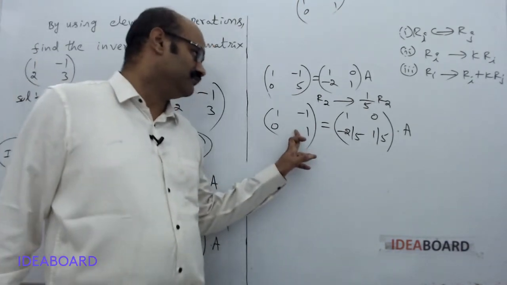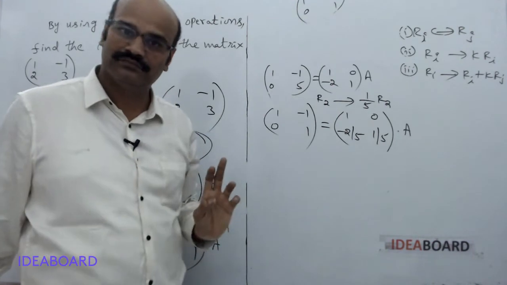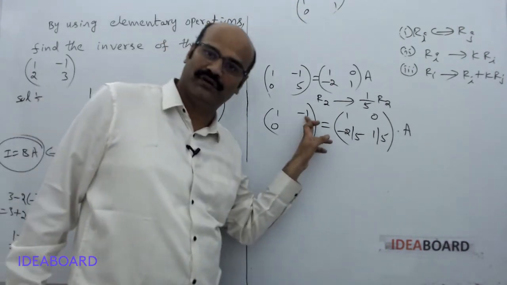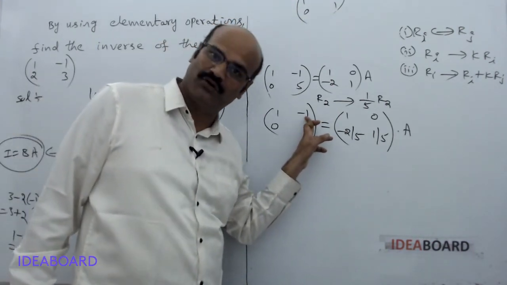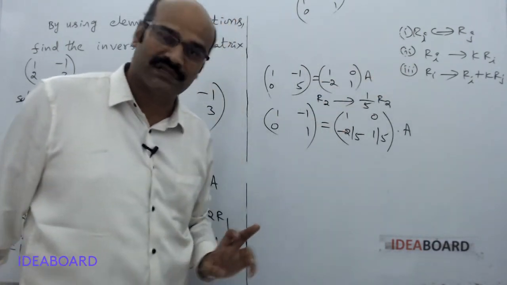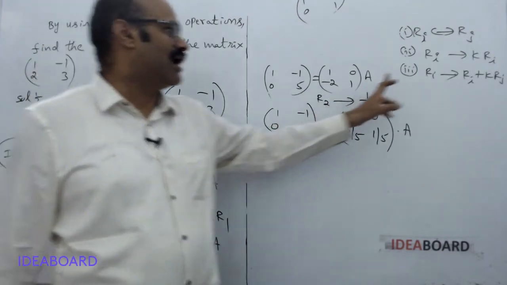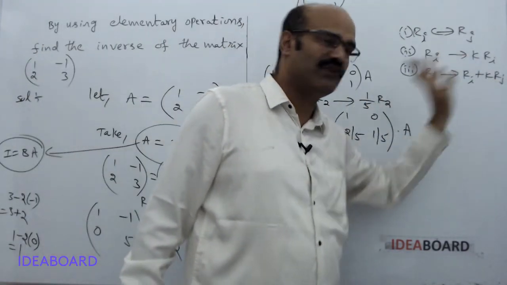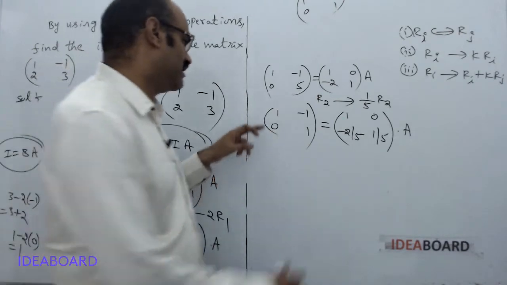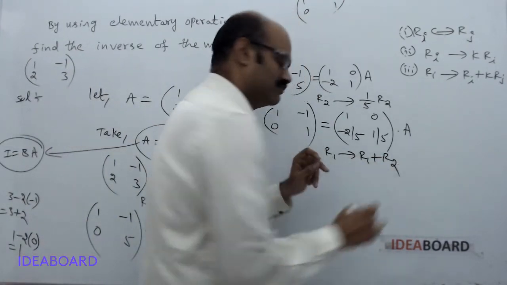Now here we have to get 1, 0, 0, 1. So here we have to get 0 here. To get 0, what operation can be taken here out of these 3? That we have to check now. See, if you take Ri implies Ri plus K into Rj, that means you take R1 implies R1 plus R2.